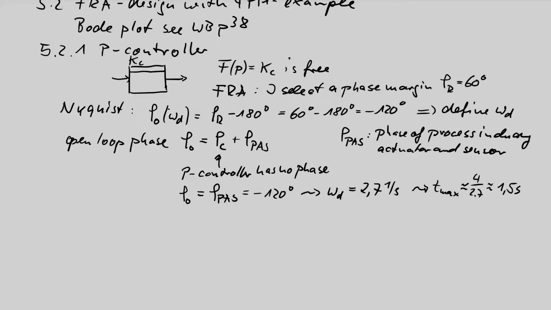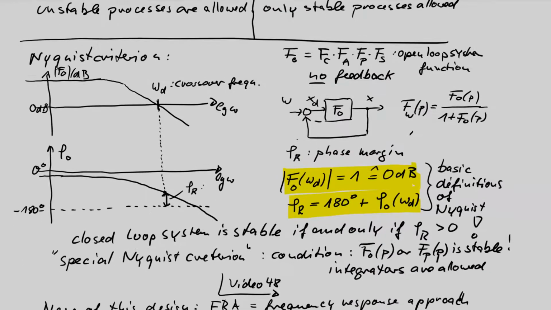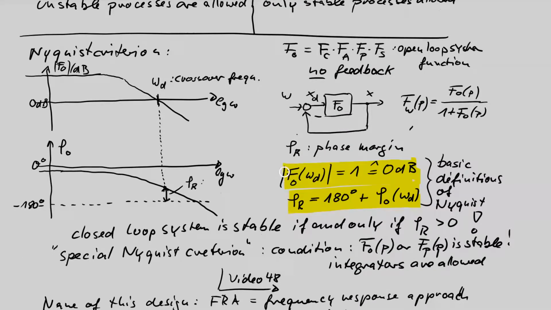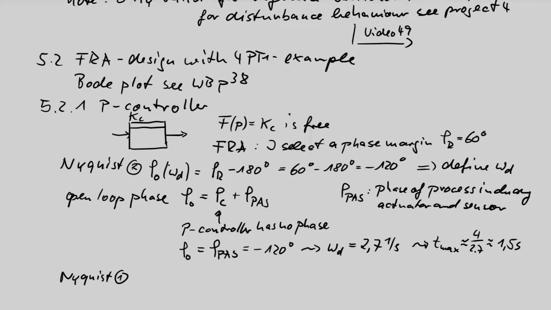What can we do more? Now we have omega d. We know with Nyquist, that is the second Nyquist equation. Now I go to the first Nyquist equation, red marked. Note that the open loop magnitude at omega d should be 1 or 0 dB. What is better for you?